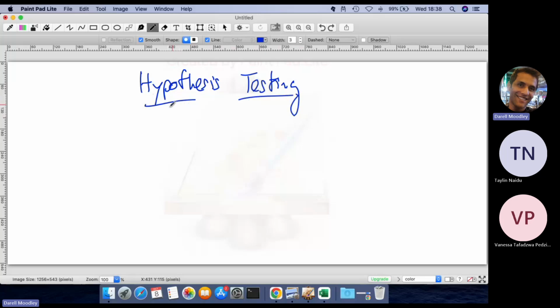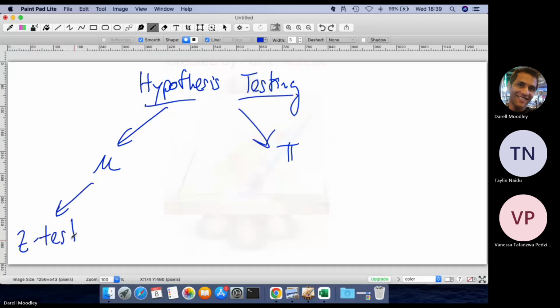With that, you can either be testing for the mean or for proportions. If you are testing for the mean, it could either be a Z test or a T test. And you need to figure out which test you need to use.